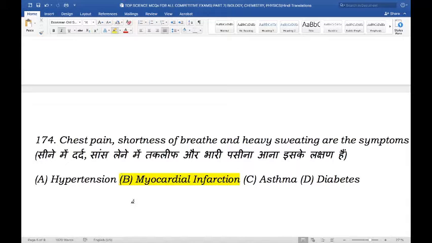Myocardial infarction is also known as a heart attack, which occurs when blood flow decreases or stops to the part of the heart.